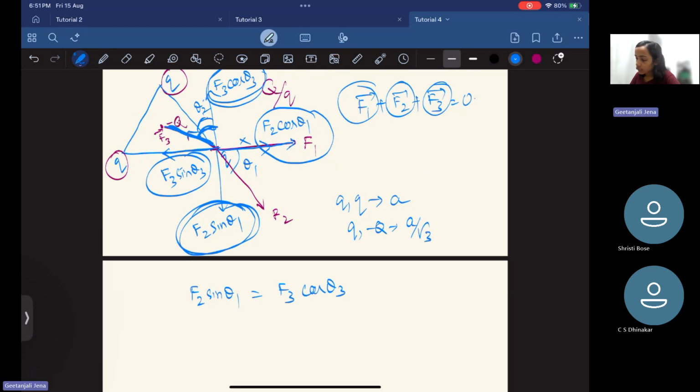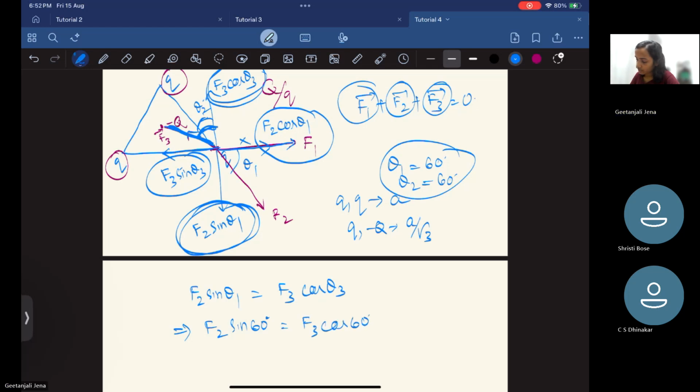Theta 1 and theta 2, you can easily guess: theta 1 will be 60 degrees and theta 2 will also be 60 degrees. So you have F2 sin 60 equal to F3 cos 60.